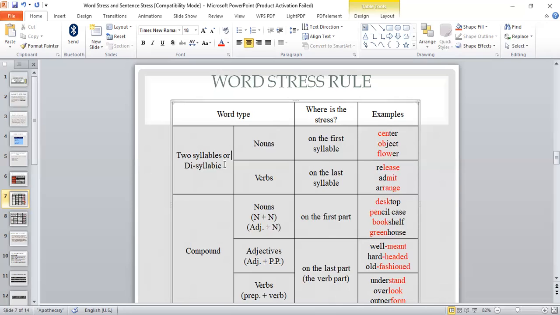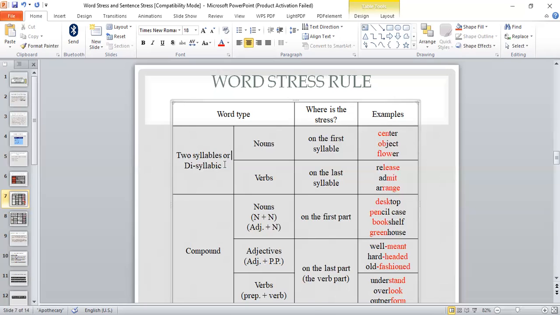So a desktop has its stress on the first syllable, desk. So it is desktop. For a word such as pencil case, you realize that the stress is placed on the first word and also on the first syllable of the first word.